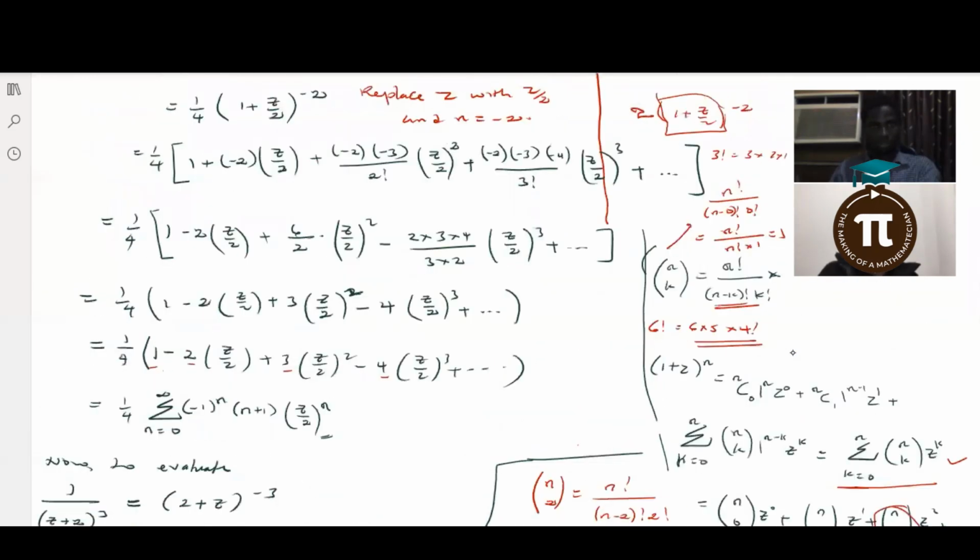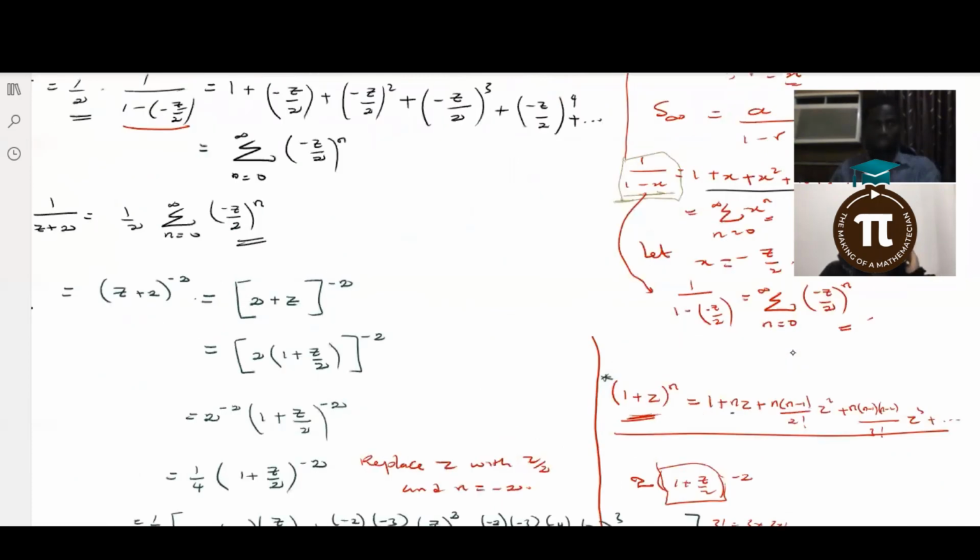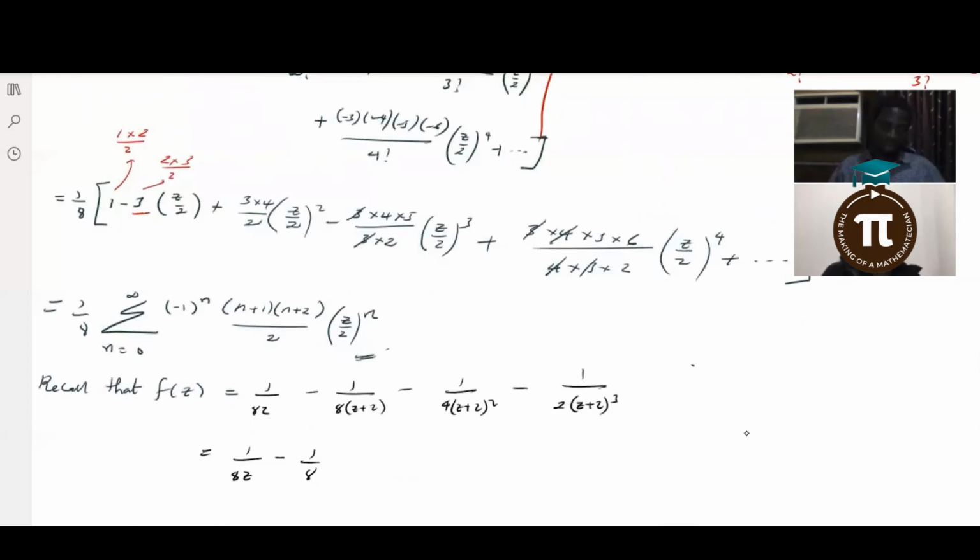We got the summation of negative z divided by 2: 1/2 times the summation of n starting from 0 to infinity of (-z/2)^n. This is multiplying 1/2, isn't it? From n starting from 0, right, to what?